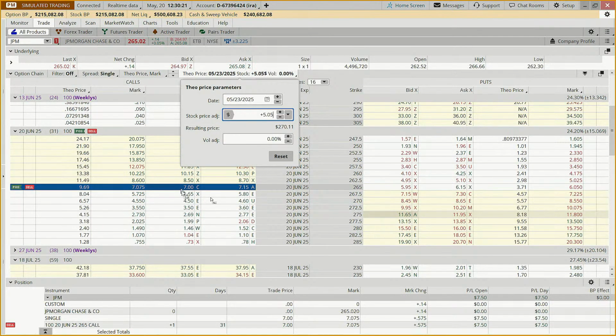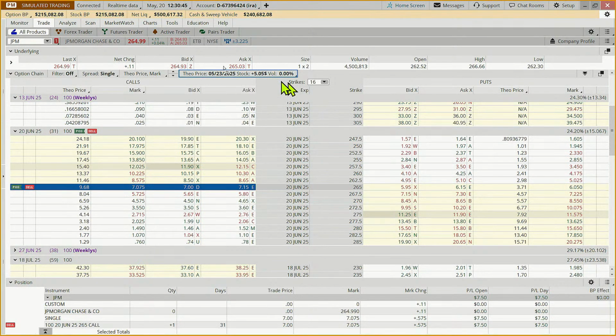And so we paid about $7 to get in. It would be worth maybe $9.70. And so we might make $2.70 a share or $270 on that contract. And what is that as a percentage? So if you took $2.70 and you divided it by 9, that'd be about a 30% return.